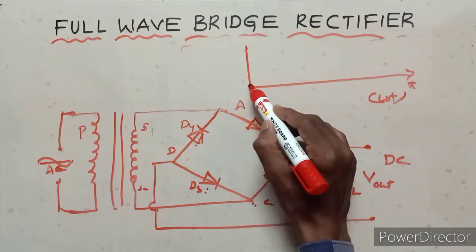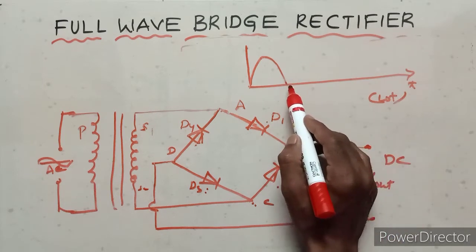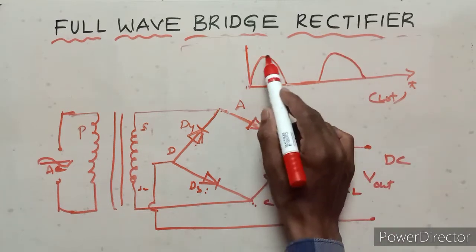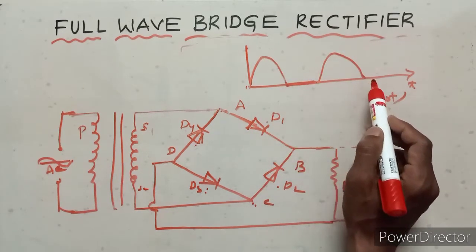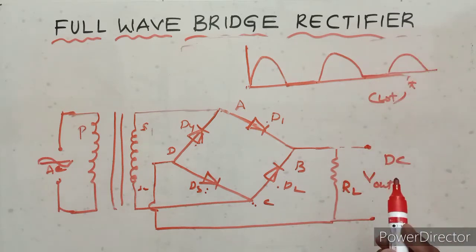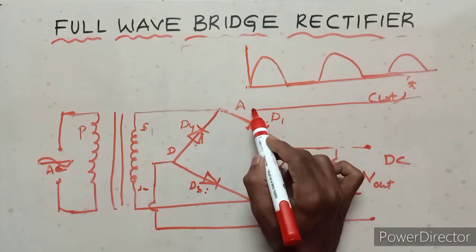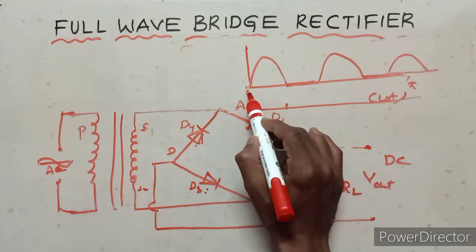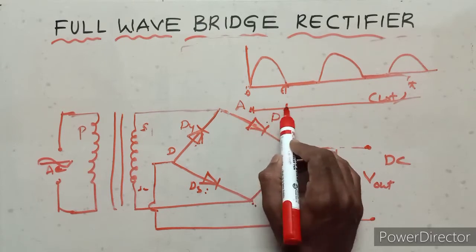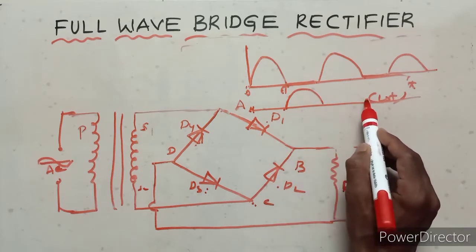First, the forward bias: allow, does not allow, allow, does not allow.